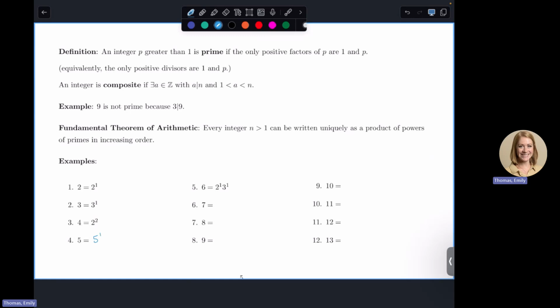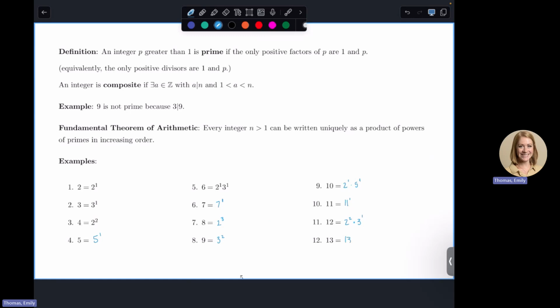Those are the prime factors to their powers. 7 is prime, so it's just one factor of 7. 8 is 2 cubed. 9 is 3 squared. 10 is 2 to the first and then 5 to the first. 11 is prime. 12 is 2 squared, which is 4, times 3 to the first. And then 13 is prime.